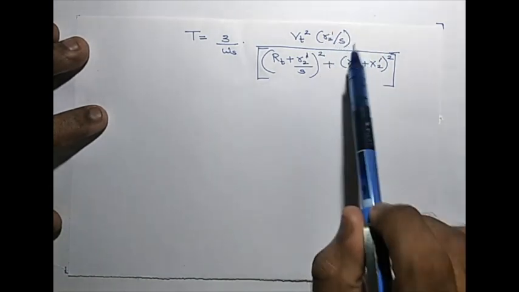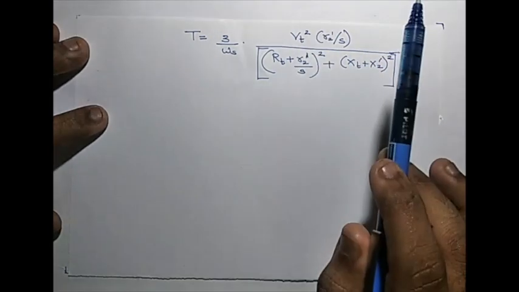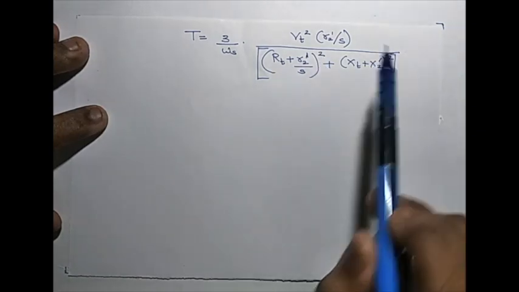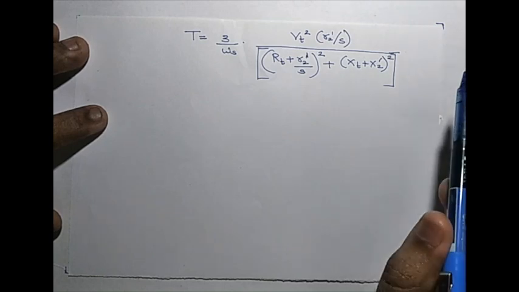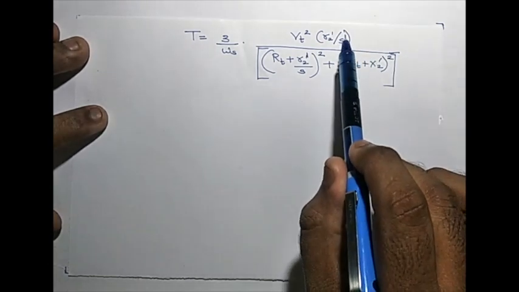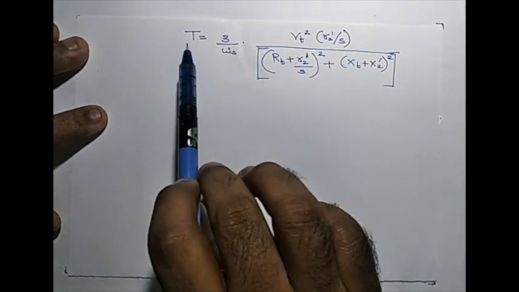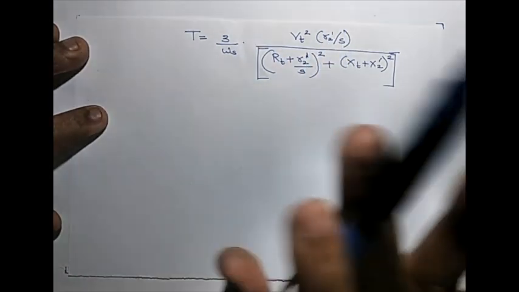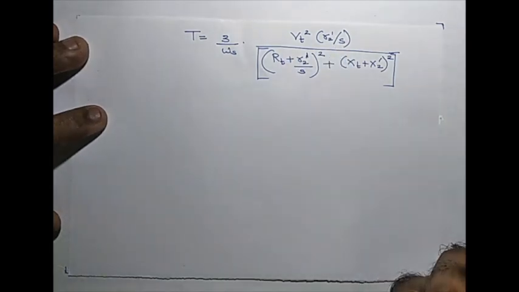Because of this increase in slip, the flux cutting increases, more current is induced, and more torque is developed. The machine adjusts to a new, higher torque only by sacrificing speed, that is, by increasing slip. So slip is a very important parameter, and in our torque equation, slip appears instead of speed. But slip and speed are more or less the same: if we know the slip, we can find the speed.